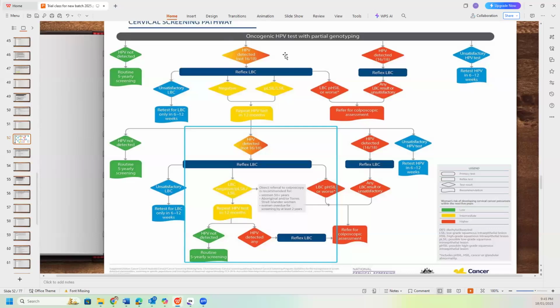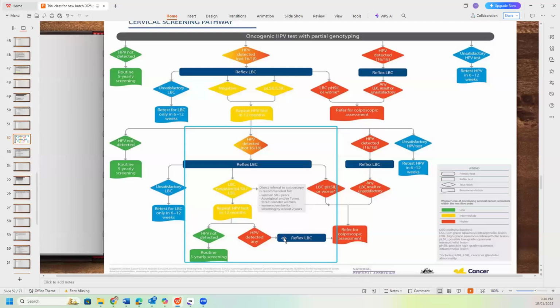If you do HPV testing and you detect papillomavirus, but it's not 16 and 18, you do liquid-based cytology. If it is negative or shows low SIL, then you repeat the cervical screening test again in 12 months. Again, if it is the same virus which is detected and liquid-based cytology again shows low SIL, then you repeat it again in 12 months.